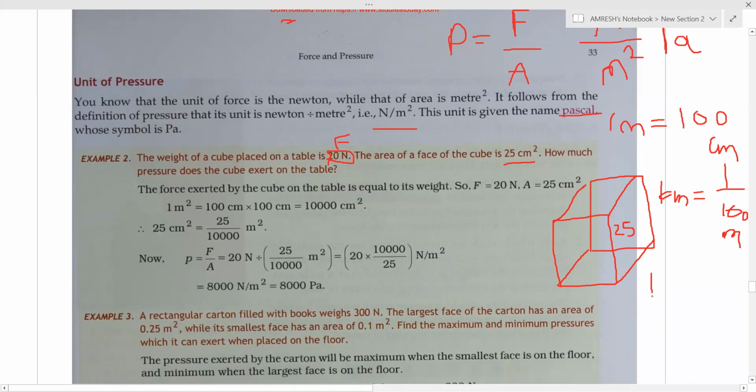So 1 centimeter square is how much meter square? 1 by 100 into 1 by 100, because square means 2 times.